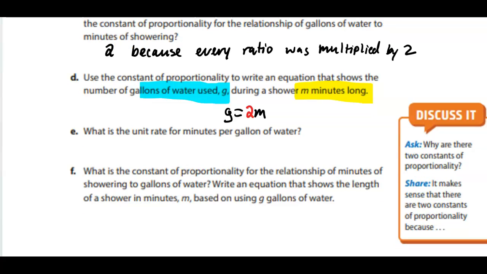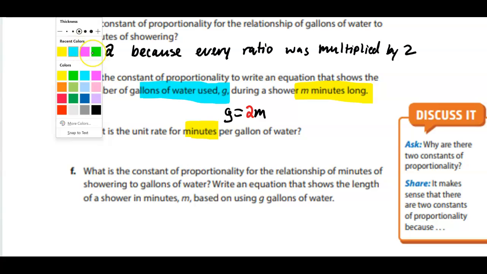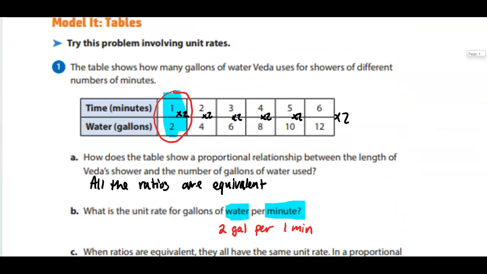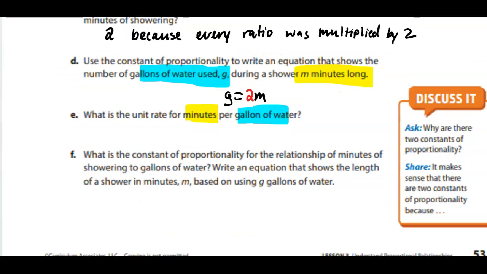Now it says, what is the unit rate for minutes per gallon? So minutes coming first. So let's look back up here. Minutes is 1 minute per 2 gallons. So 1 minute per 2 gallons. Another way to write that would be 1 over 2 or 0.5. Right?